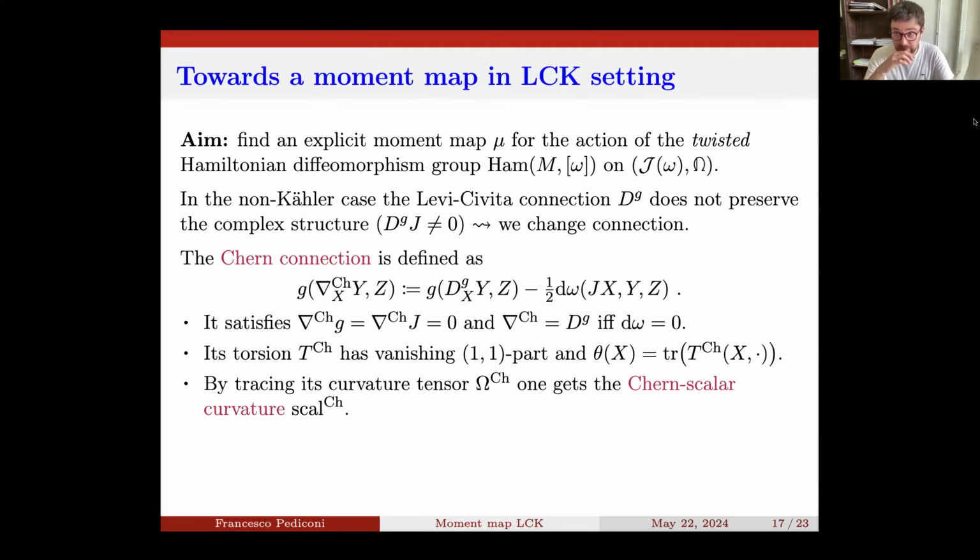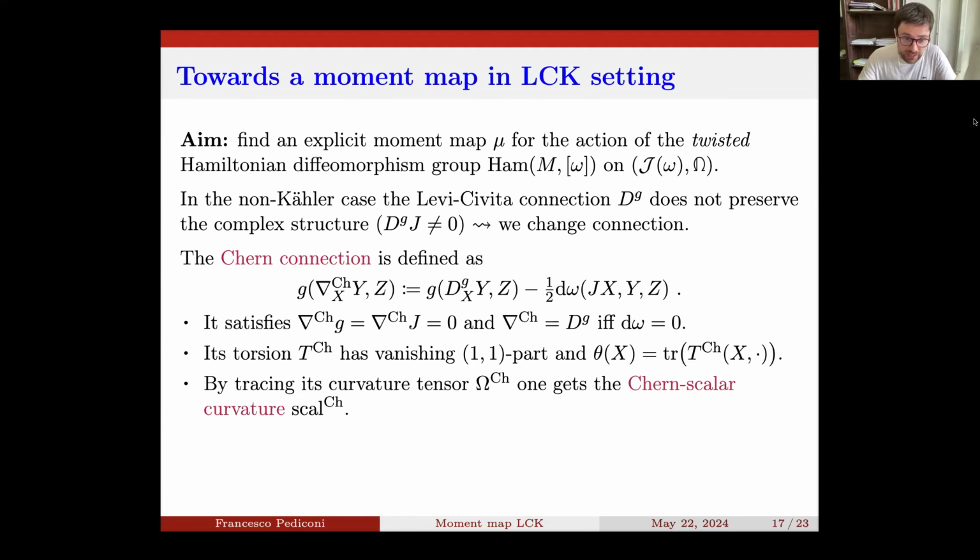Of course, this connection is going to have a torsion. The torsion of the Chern connection has vanishing one part, and it is related to the Lee form of omega, because the Lee form turns out to be the trace of the torsion of the Chern connection.